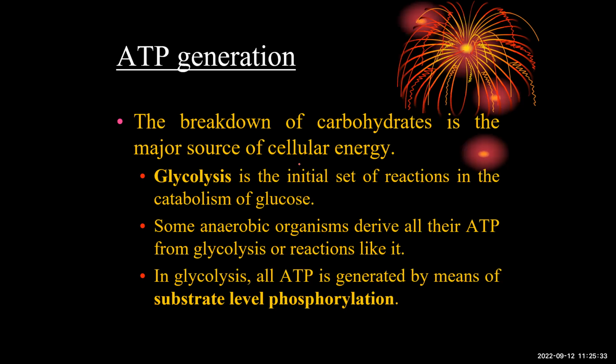So how do you make ATP in cells? You use catabolic reactions. Catabolic reactions take large molecules, break them down to smaller molecules, and generate ATP and reductant.